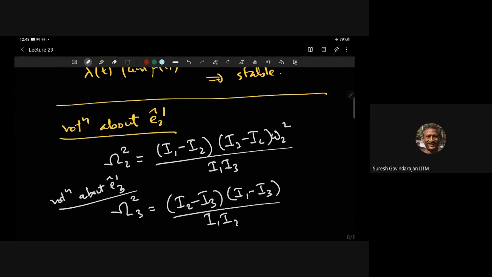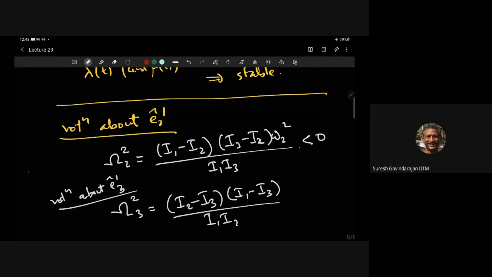Okay, so now let's look at this. What can we say about this? What is the sign of the right hand side here? Still I1 is less than I2 is less than I3. So we can see that this is less than 0.